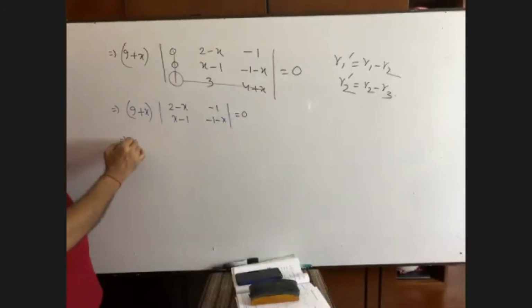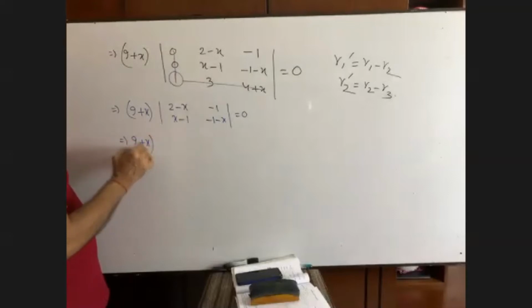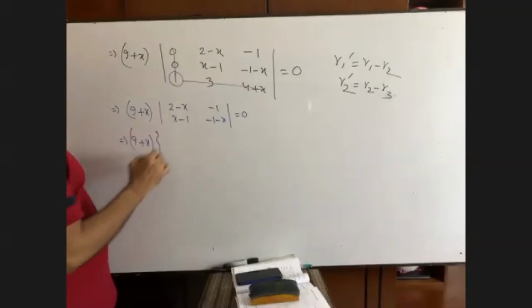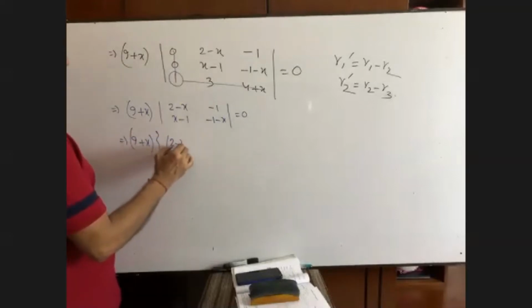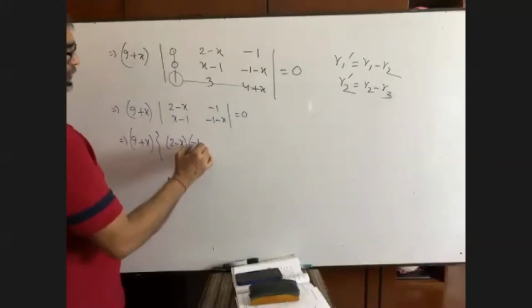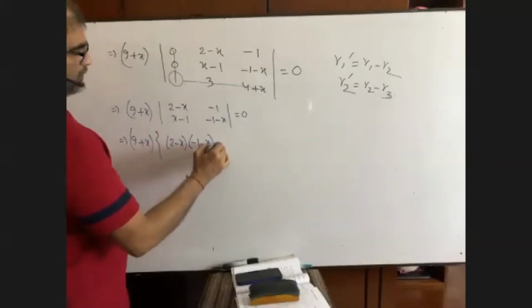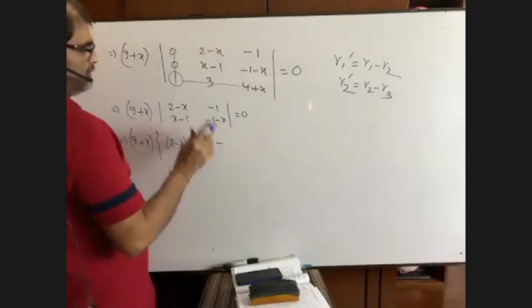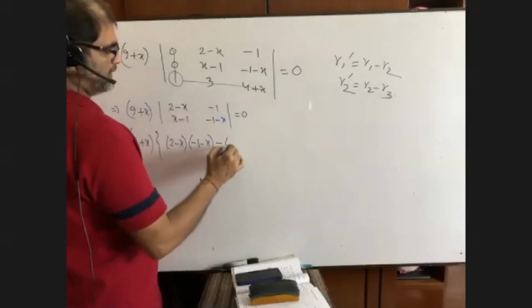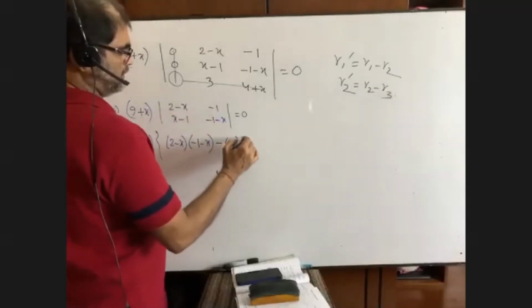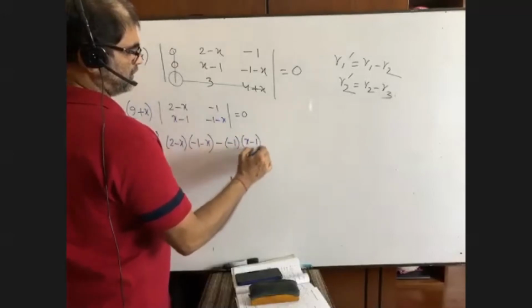It means 9 plus x, second bracket, 2 minus x, minus 1, minus x, minus 1, x minus 1.